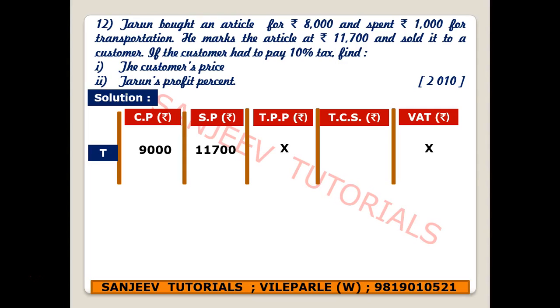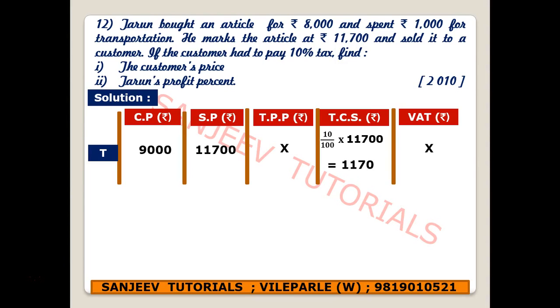Column number 4, tax collected on sale. This shopkeeper is selling the article at rupees 11,700 and he will be collecting a tax of 10% on the mark price. So tax collected on sale will be 10% of 11,700, that is rupees 1170.